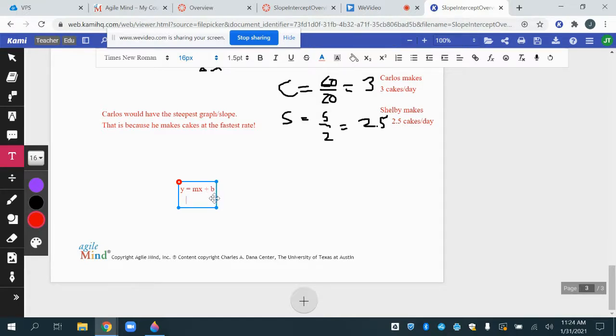M is going to be the steepness, or the slope, or the rate. B is going to be the y-intercept, the starting amount. Okay, so we've talked about that a lot. Let's see how it goes in the next section.